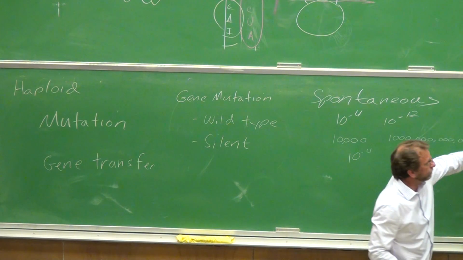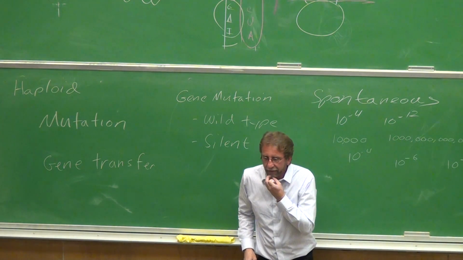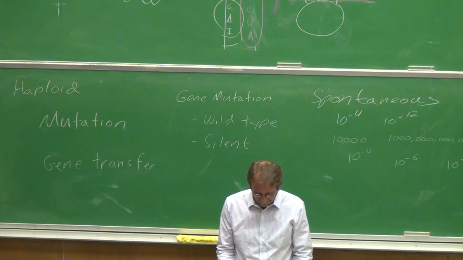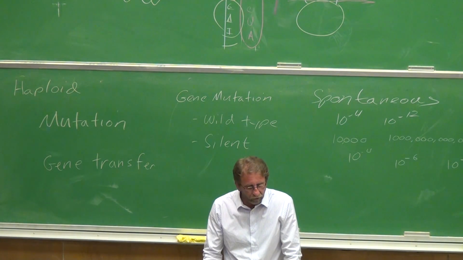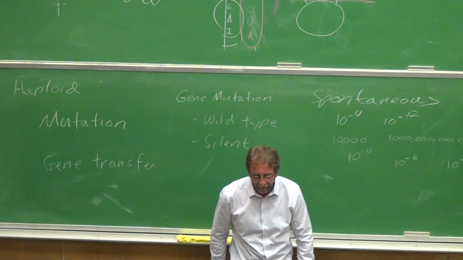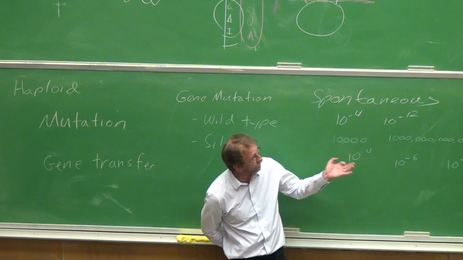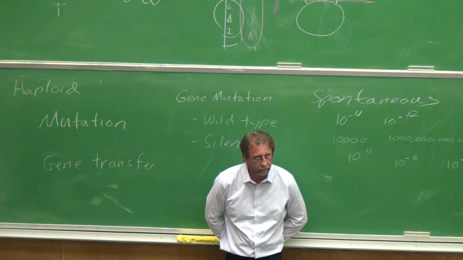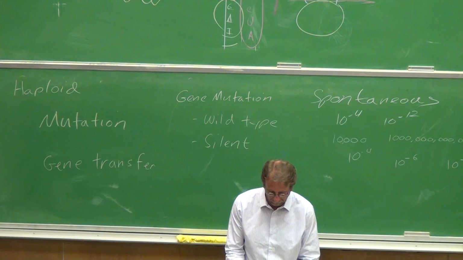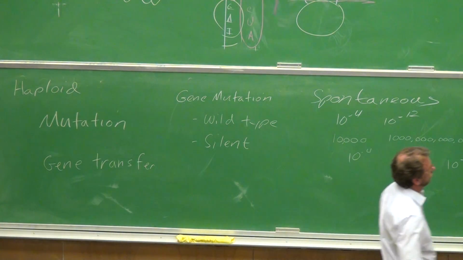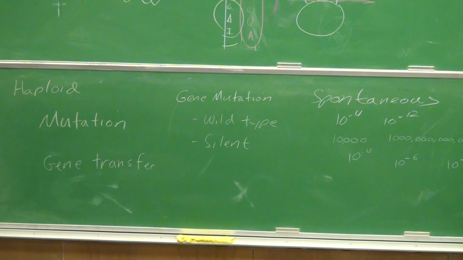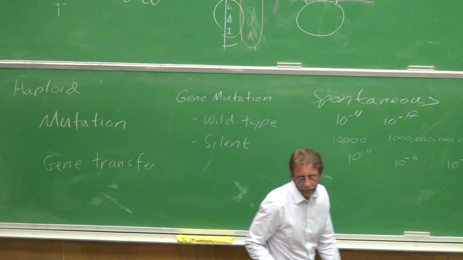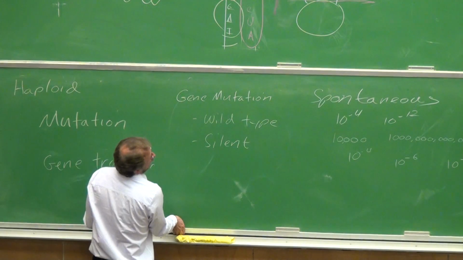A type of base substitution is a point mutation. So a very specific base pair is changed, and this can cause a silent mutation, as we've already mentioned. It can cause a missense mutation. So let's go back to this sequence here.